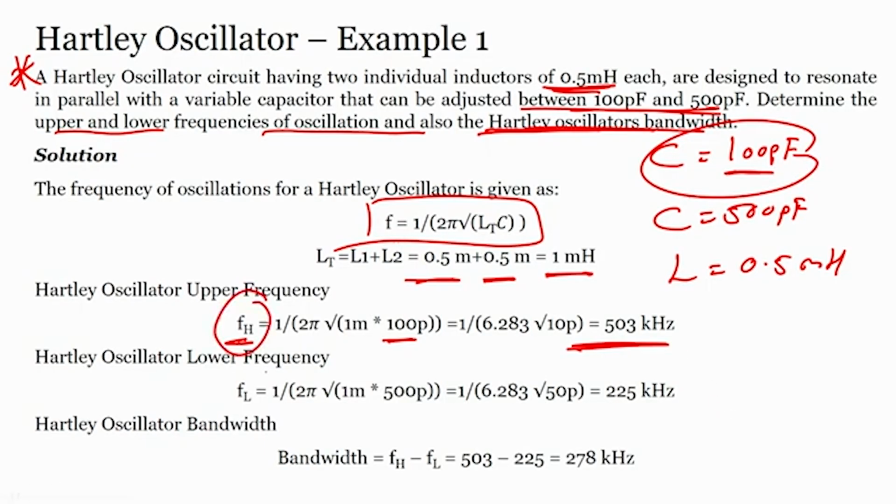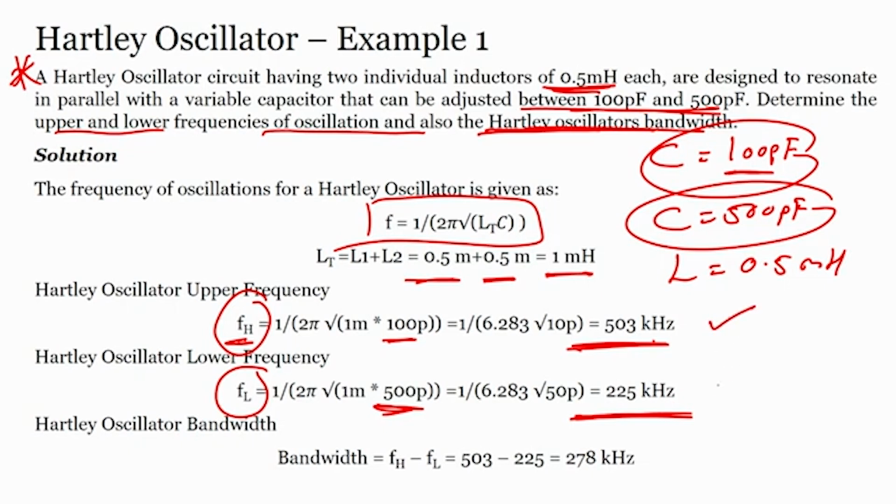When we measure the lower frequency, I will use a capacitor of higher value, the maximum value, which is 500 picofarad. So, for Fh I have 503 kilohertz, and for Fl I find about 225 kilohertz.